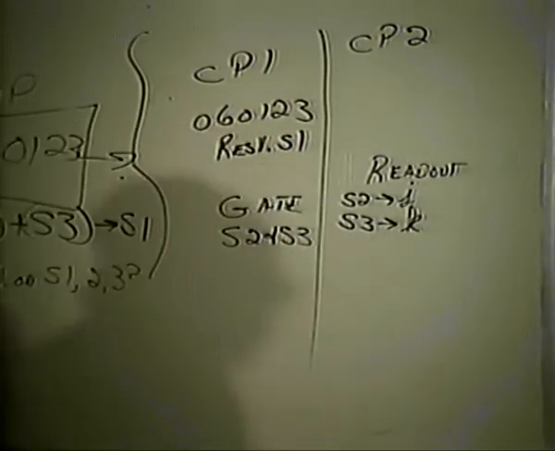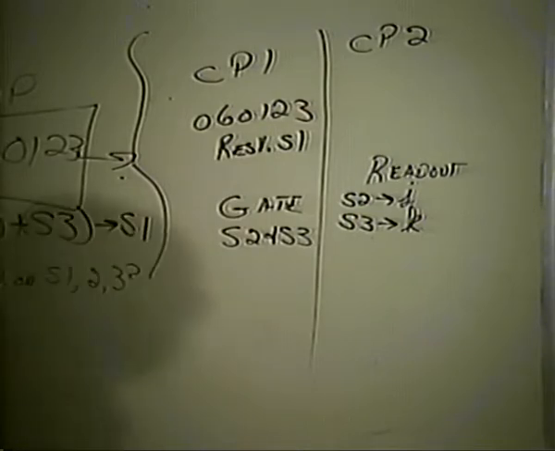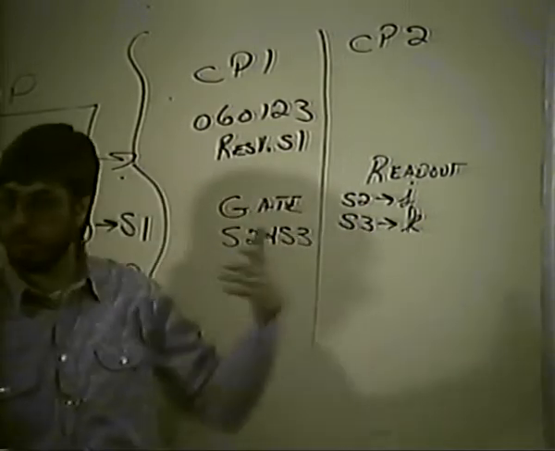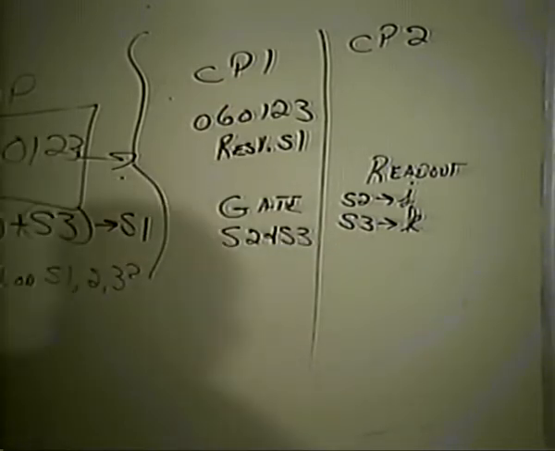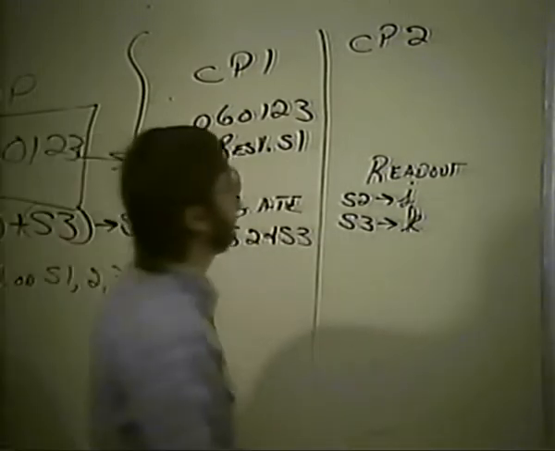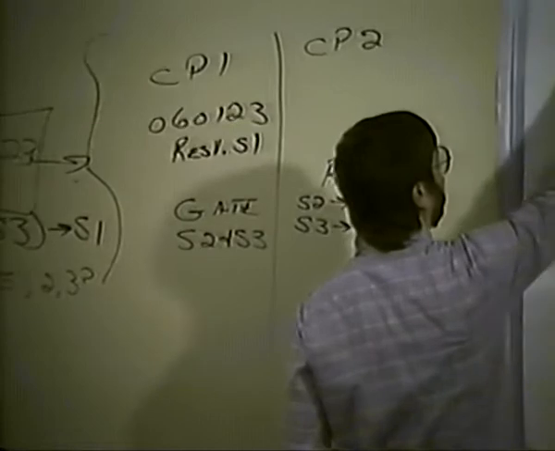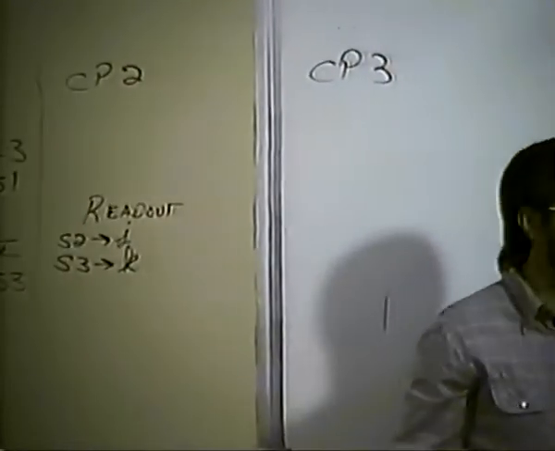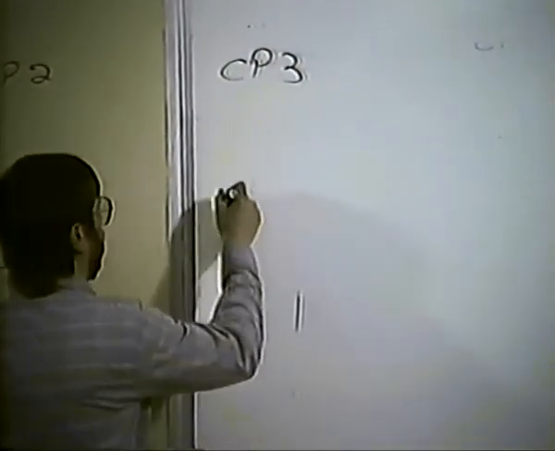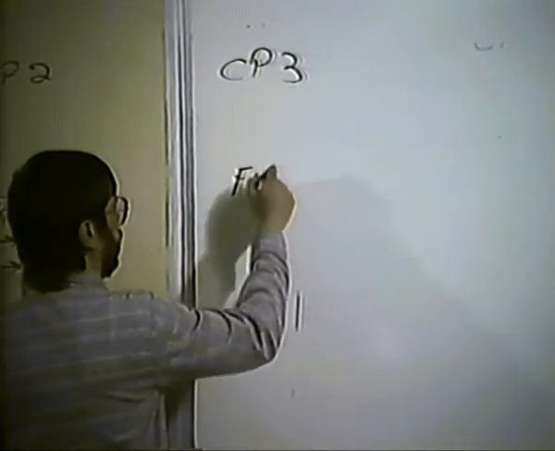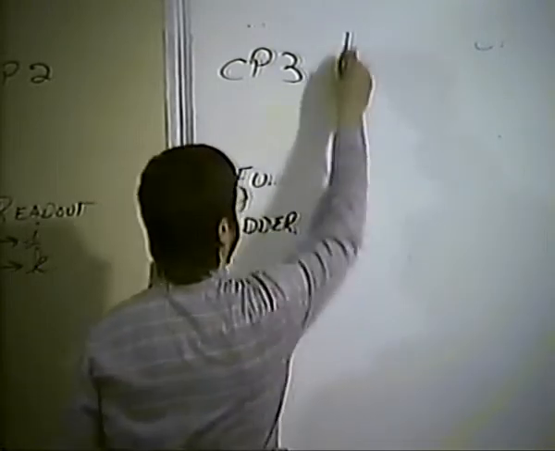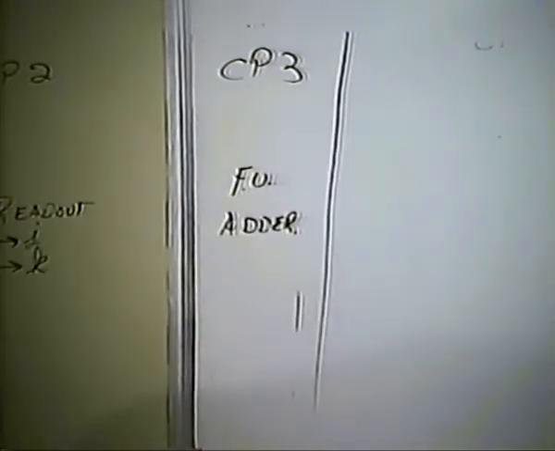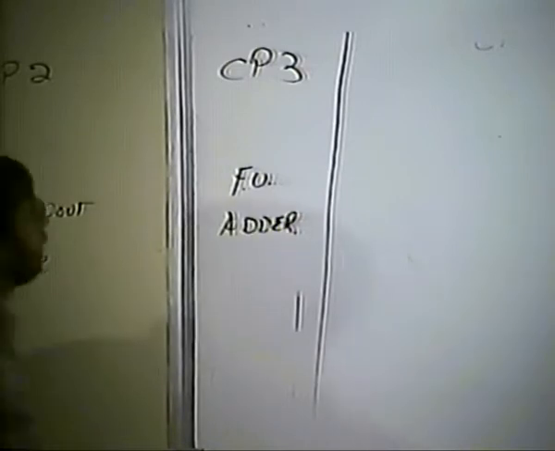We're going to put S2 in a J readout register, and this is a different readout register than the address one. This is for the S registers. And we're going to put S3 in a K readout register. At clock period 3, we're going to be in the adder. I think this one takes 2 clock periods.